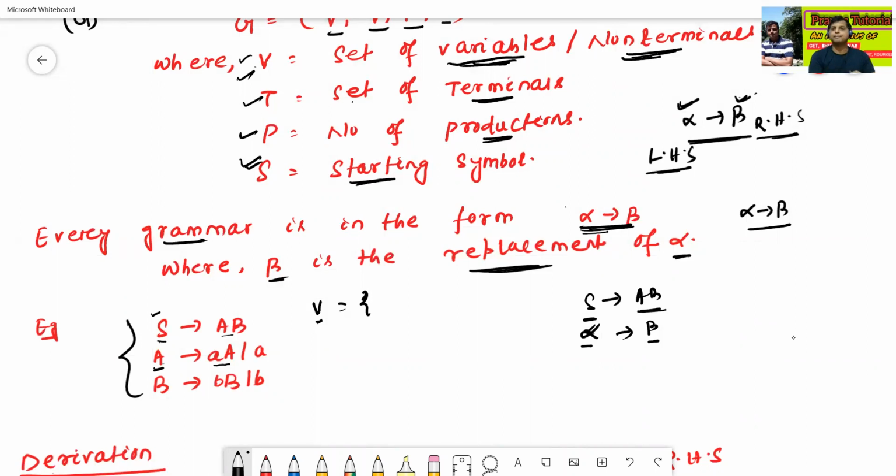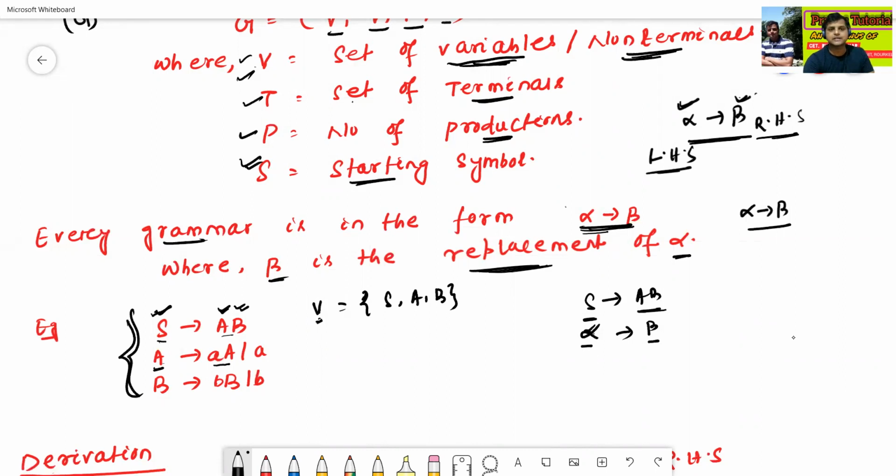Now we'll check how many capital letters are in this grammar. There are 4 capital letters, S, A, B. Sorry, there are 3 capital letters: S, A, B. So the variables are S, A, B.